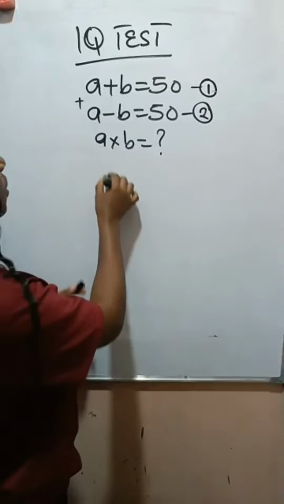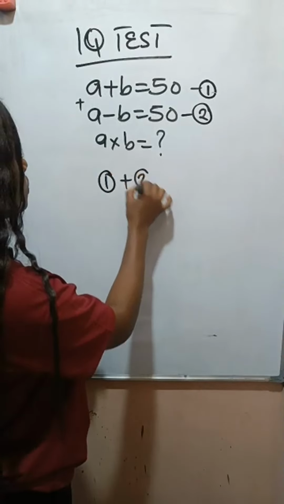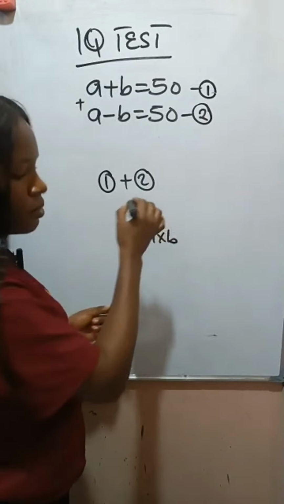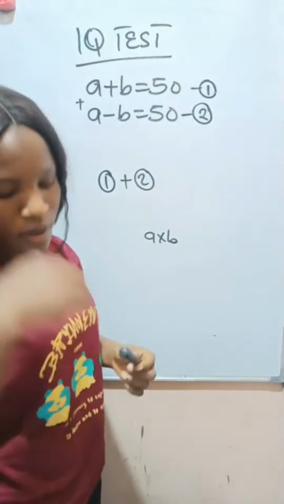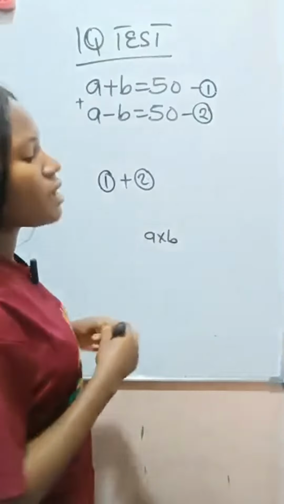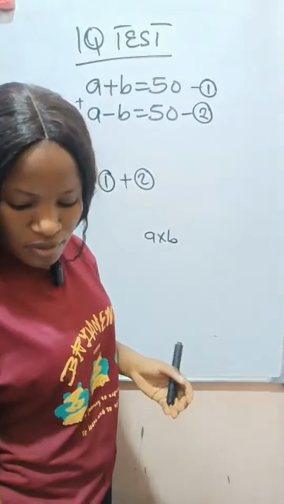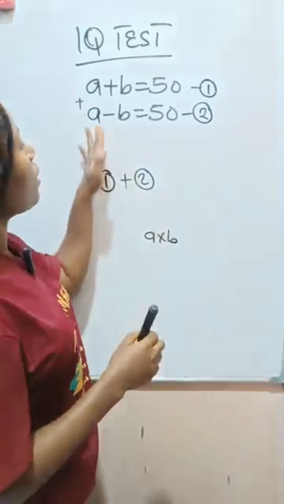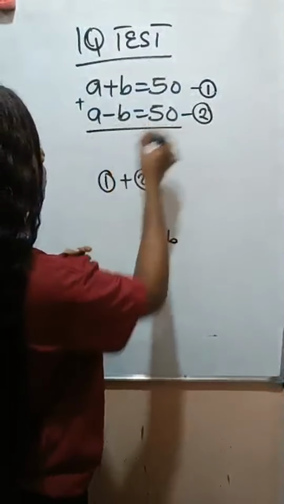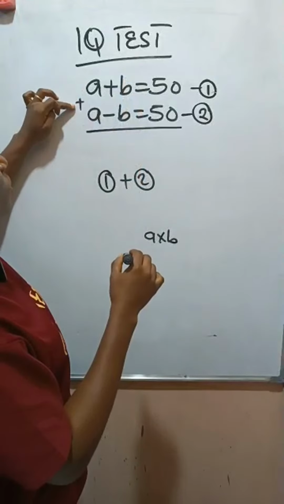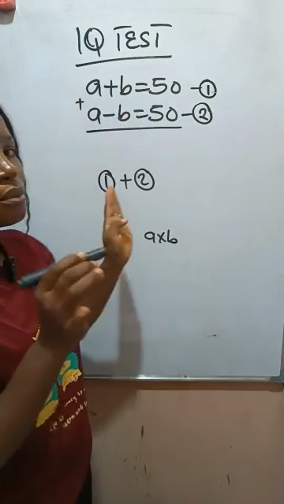So if I say equation 1 plus equation 2, we are looking for a multiplied by b. It simply means we are adding because I want to eliminate b. If I want to eliminate a, I'll just subtract, because a minus a is 0.